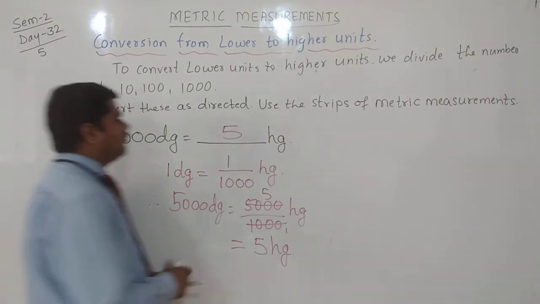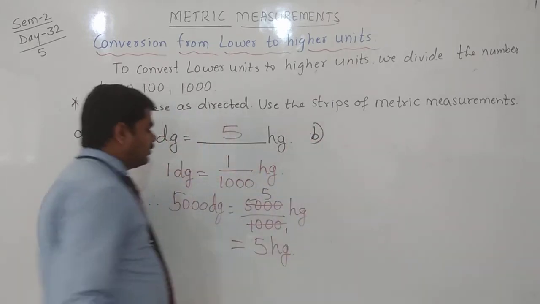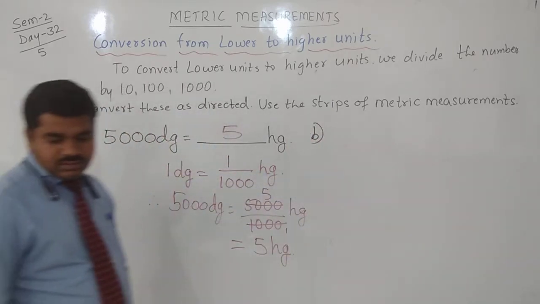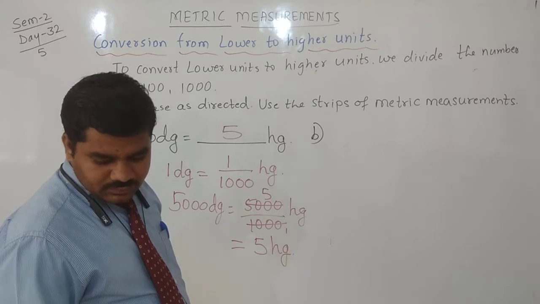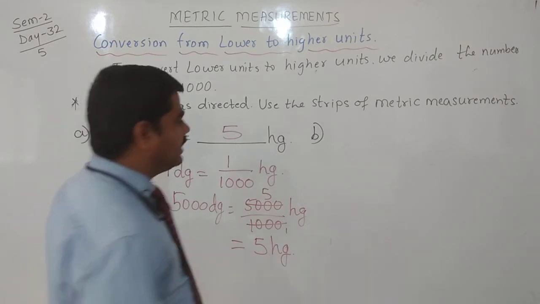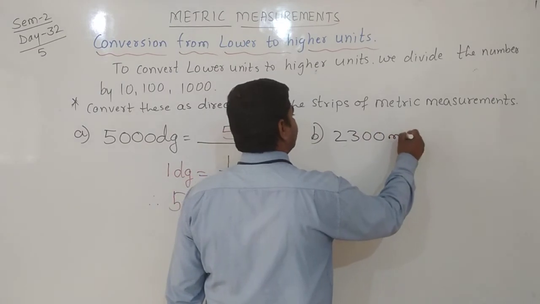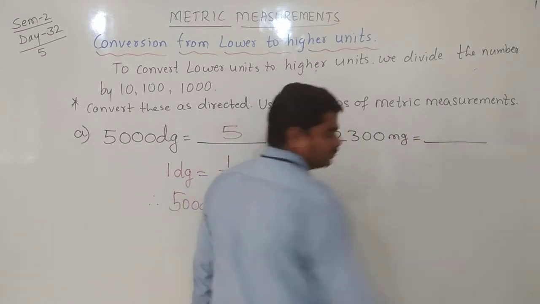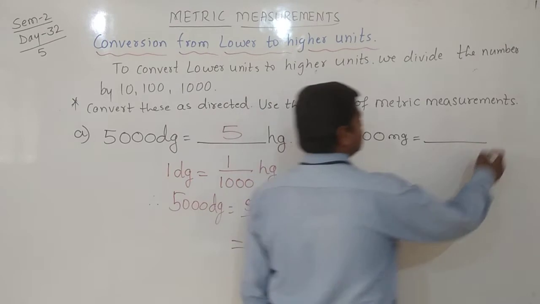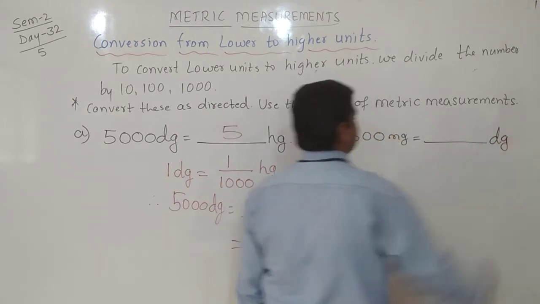Simple one. One more. You can take this also. Now, 2300 milligram. Convert to the higher unit, decigram.